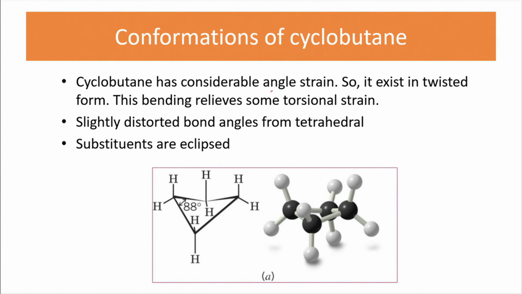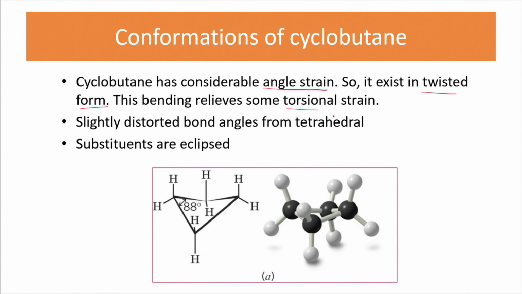Cyclobutane has considerable angle strain, but not like the cyclopropane molecule. Here the bond angle is 88 degrees, close to 90 degrees. This compound, cyclobutane, exists in a twisted form because this twisting releases some of the torsional strain.